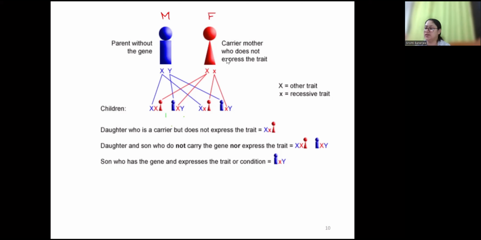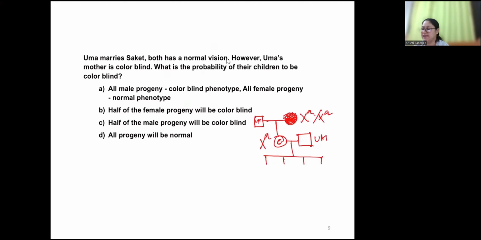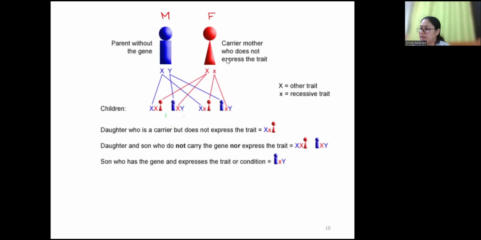In the mother's genetic makeup, there is an X with the gene responsible for the disease, and that is carried on. So this is a female child, this is a male, this is a female, and this is again a male. Who are going to be affected?